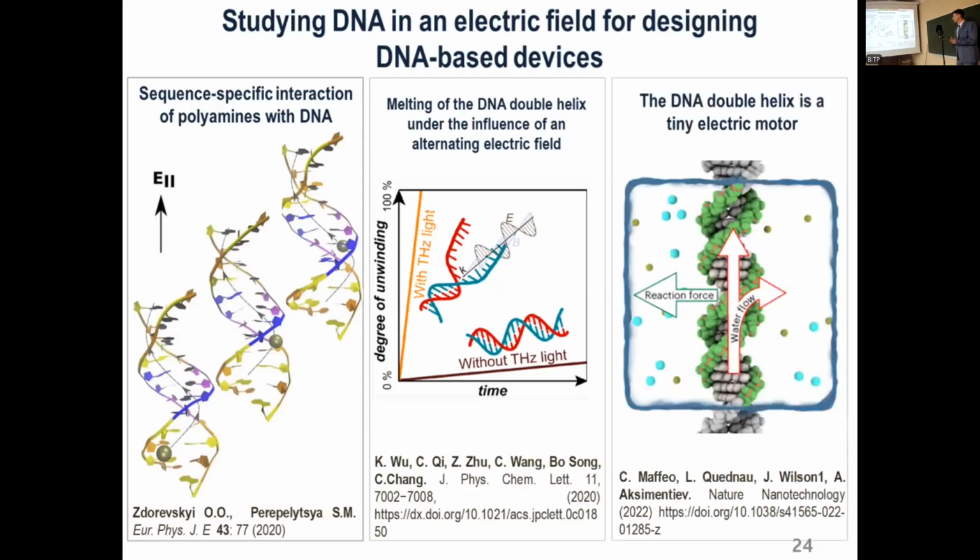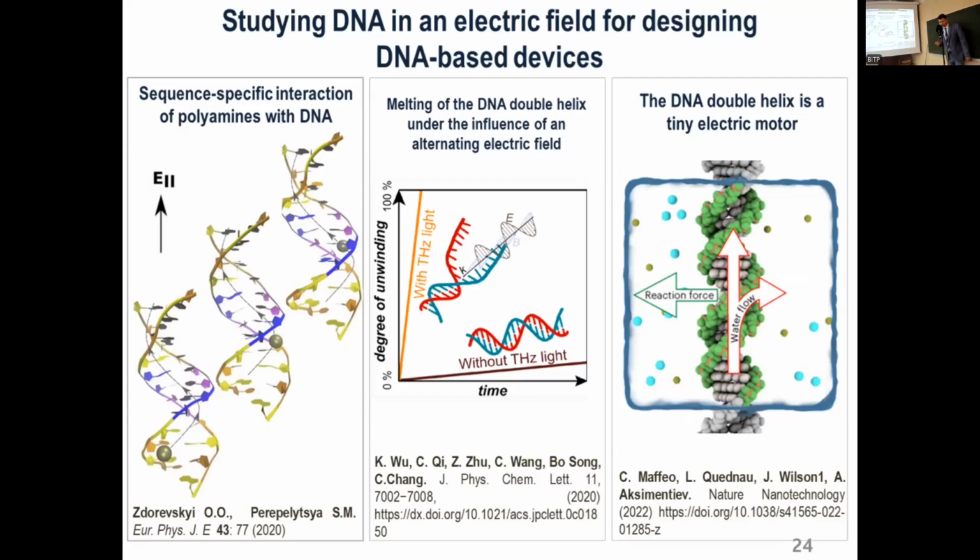And another interesting result, which I wanted to show you, was obtained by Aksimentiev's group at the University of Illinois at Urbana-Champaign. This is an example of how the DNA can rotate as a response to motion of ions in the external electric field.